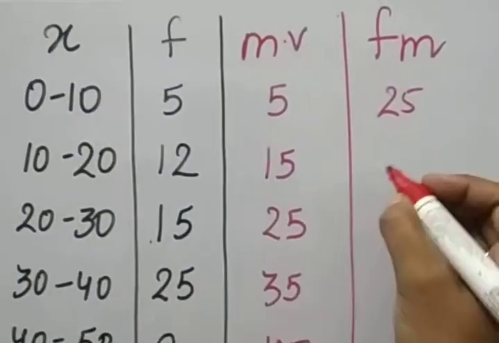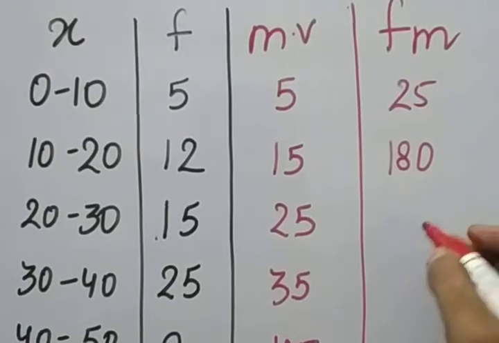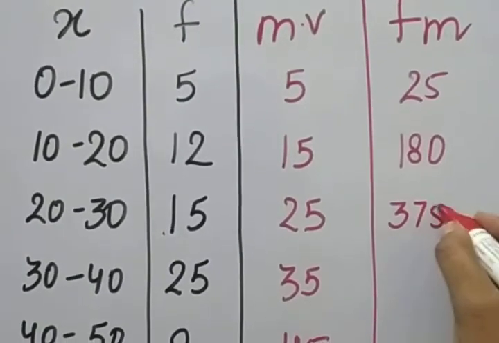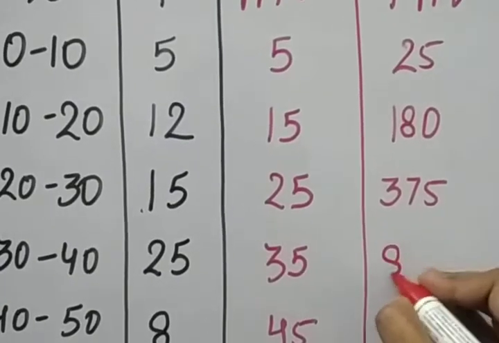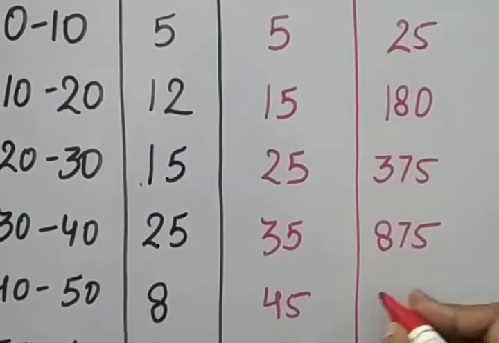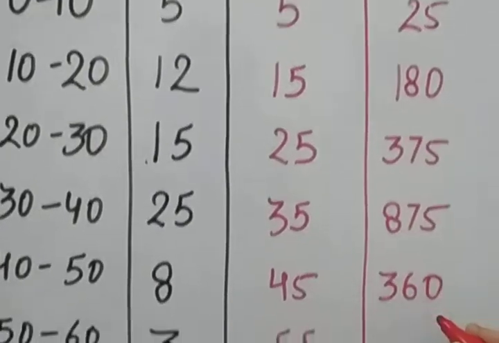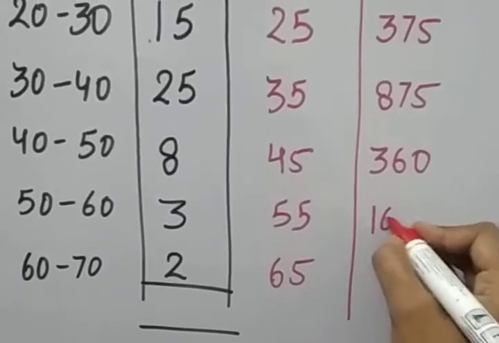12 into 15, 180. 15 into 25, 375. 25 into 35, 875. 8 into 45, 360. 3 into 55, 165.